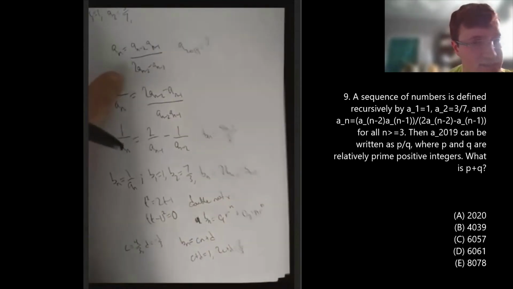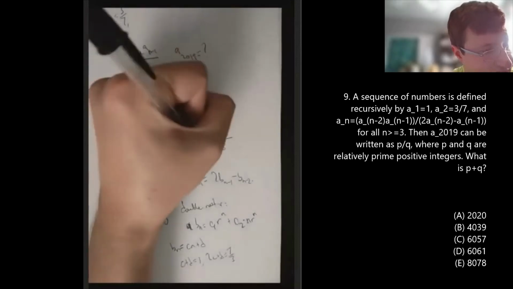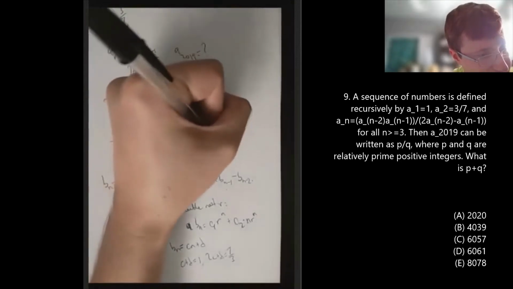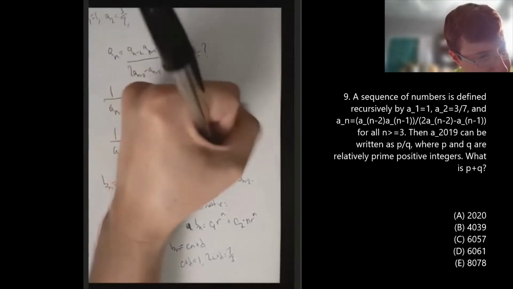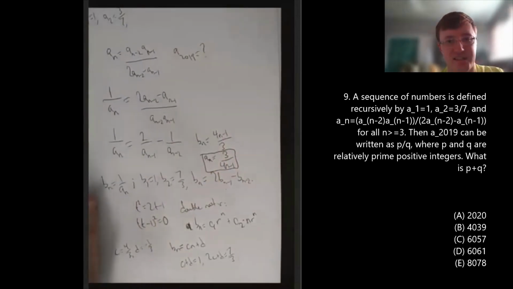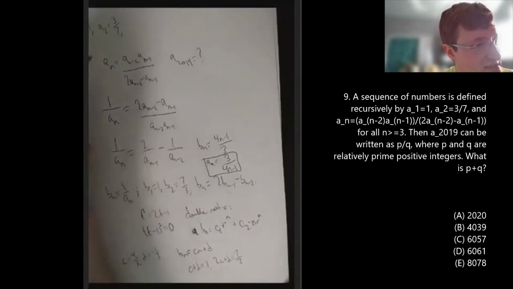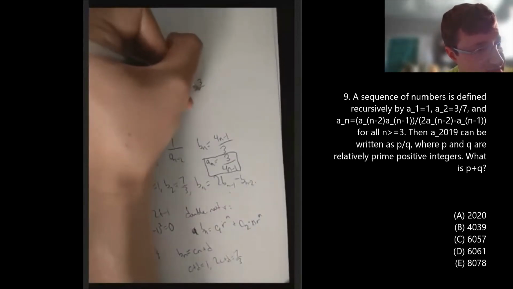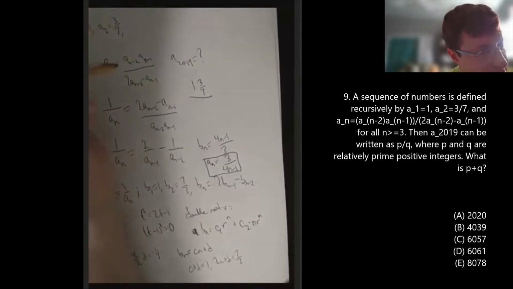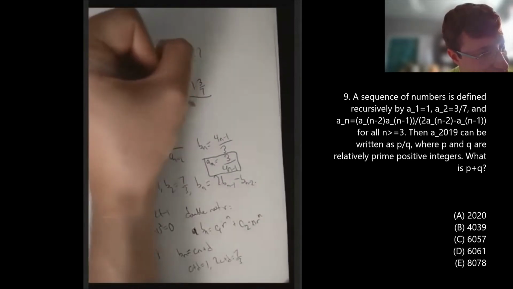So when n is 1, it works. When n is 2, it works. So then an should be the reciprocal, 3 over 4n minus 1. I guess just to be sure, I'll compute the third term. So I get 1 times 3/7 over 2 minus 3/7.